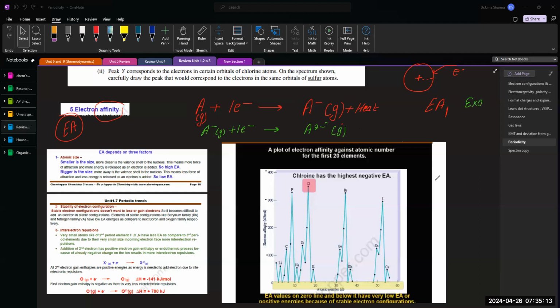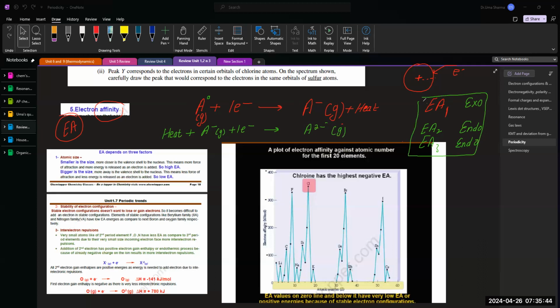Only the first, when you are adding an electron to a neutral atom. Successive electron affinities, EA2, EA3, they all are endo. Even EA3 is endo. Explain. Heat is needed. This can be a question.